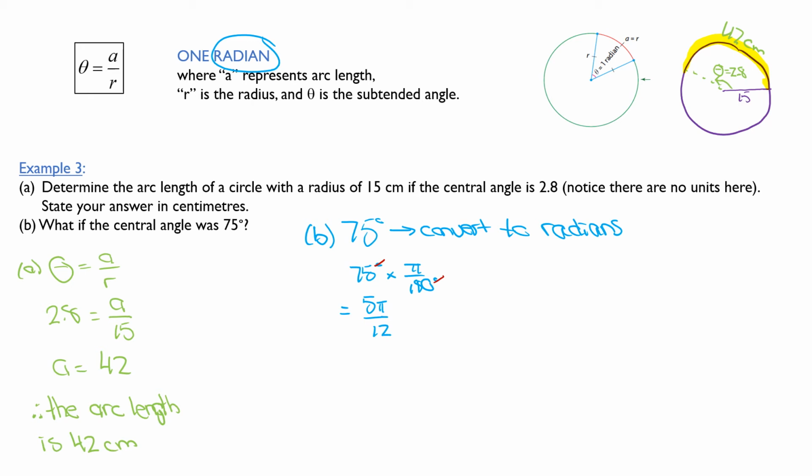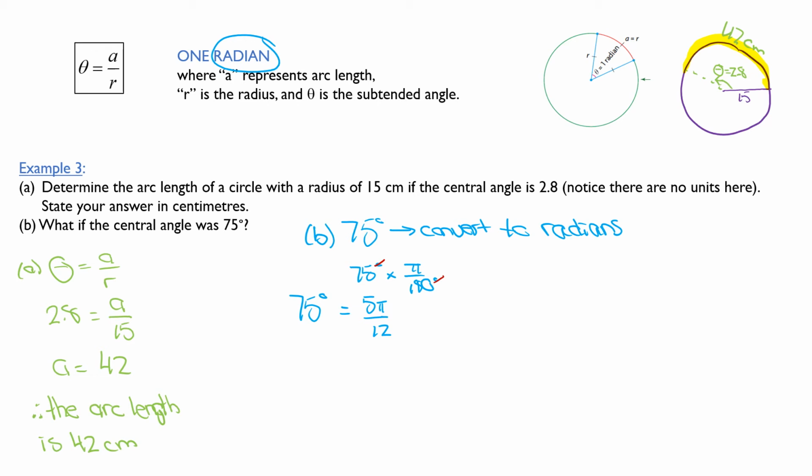So that's the same as 75 degrees. 75 degrees equals 5 pi over 12. Now you could put in your 3.14 for pi to get a number answer if you're more comfortable with that, but we're going to leave it in exact form, and pi is pi. You'll get more comfortable with pi as we go on through the unit.